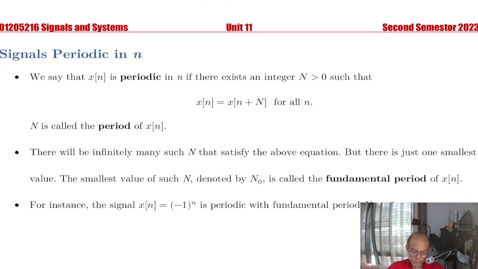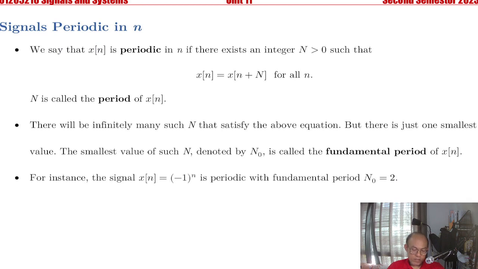Now, one concept about signals is periodicity. We talked about periodicity in continuous time signals. Turns out that we can also talk about periodicity in discrete time signals. And we say that the discrete time signal x is periodic in n if there exists an integer capital N such that x of n is equal to x of n plus capital N for all n.